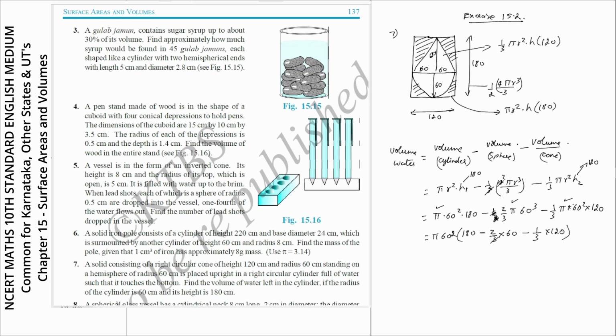So 3 ones are 3, 3 twos are 6, 3 ones are 3, 3 fours are 12. So I am left with pi into 60 square into 180 minus 2 twos are 4, 40, minus 1 into 40 is 40.